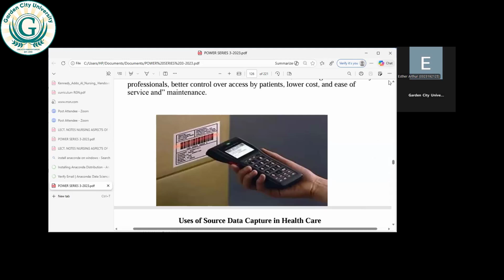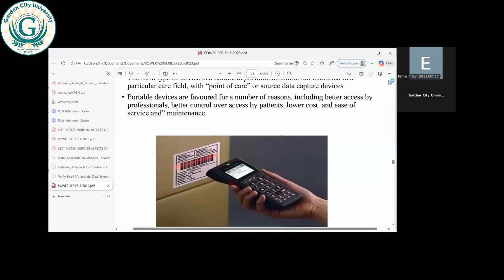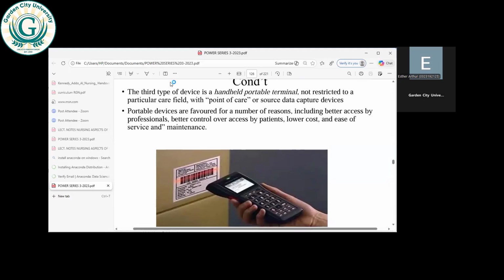Lizzie? Yes, sir. Thank you. Good. Now let's move on to the next person. I've seen Esther. Esther? Sir, please, the laptop and the iPad we use at the ward, can we classify it under the handheld?